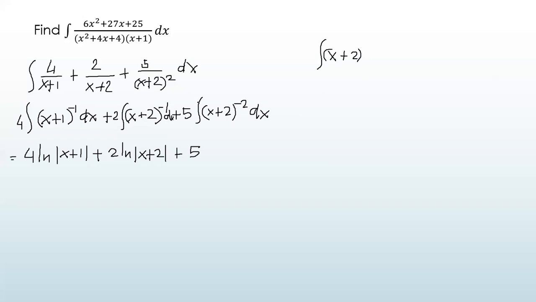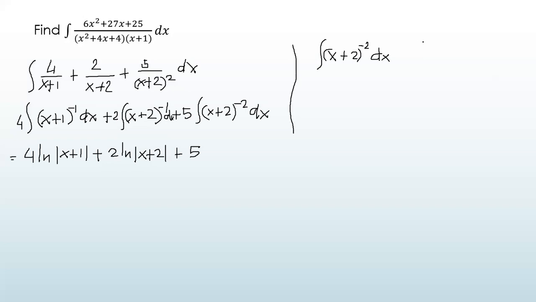If the exponent is negative 1, the outcome is going to be ln. But this is negative 2, so you have to find the integral outcome like this.